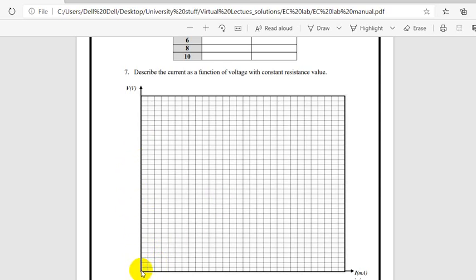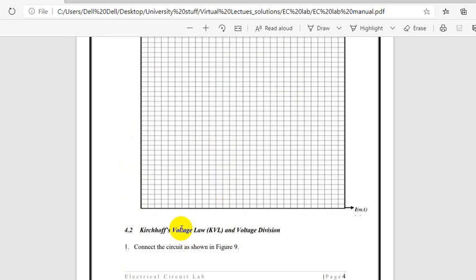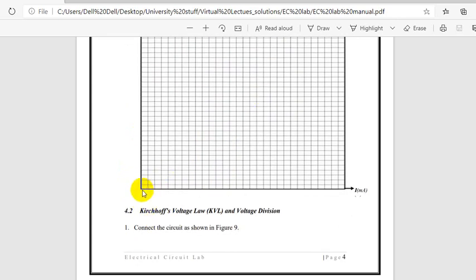Accordingly, here you will get something like this, linear. Okay, and for this, because same inputs, output is same, so linear straight line, and here you will get something like this. Okay, so here we conclude the first part, that is Ohm's law.